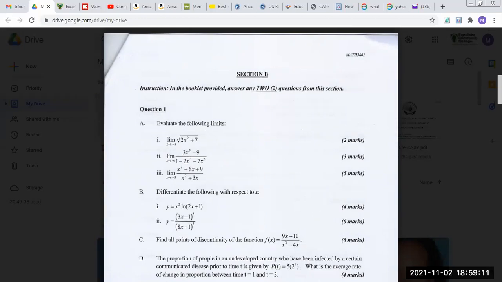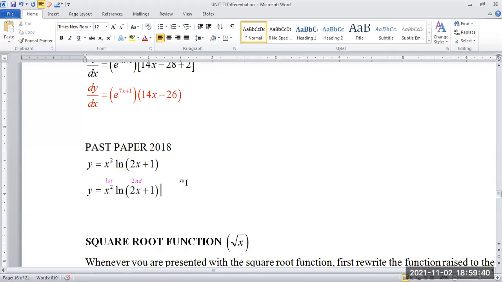What I have for you here is the question, and then I am identifying which one I'm calling the first and which one I'm calling the second.